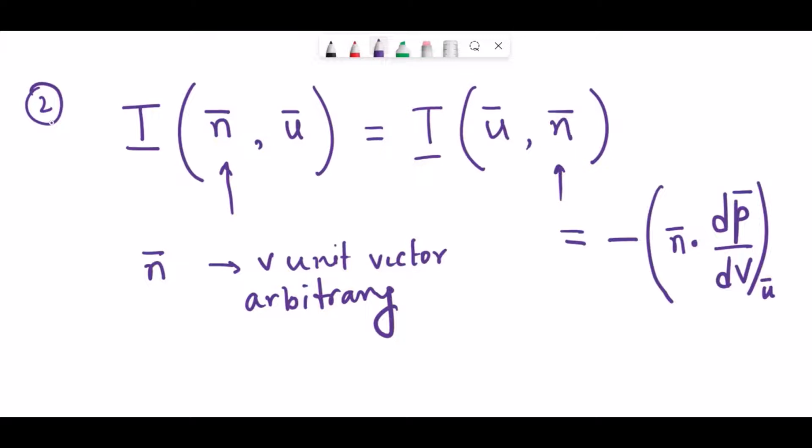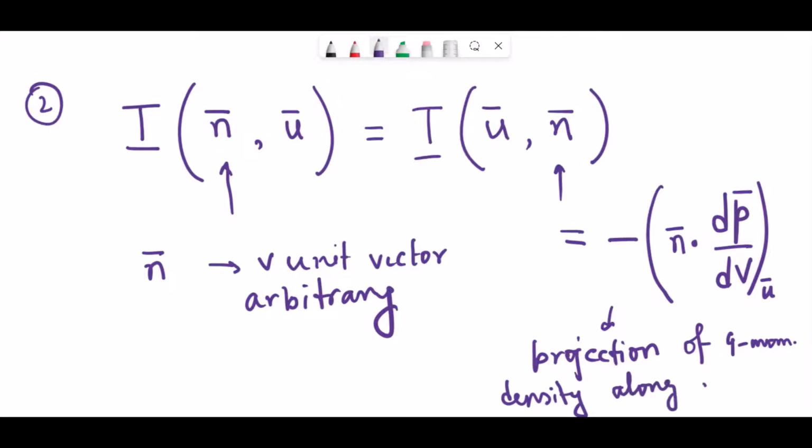So this is the component, or the projection, of the full momentum density along that direction n.